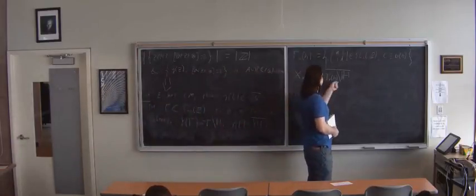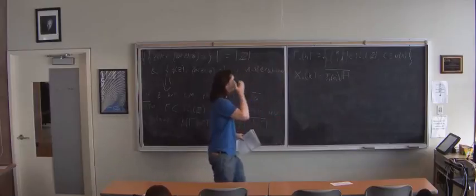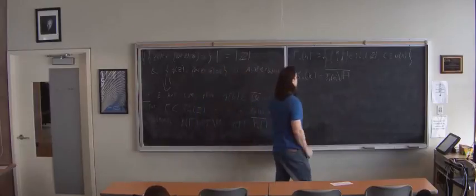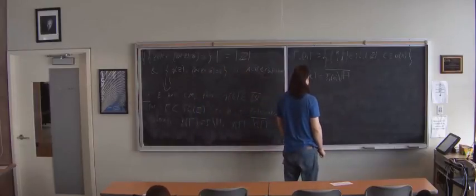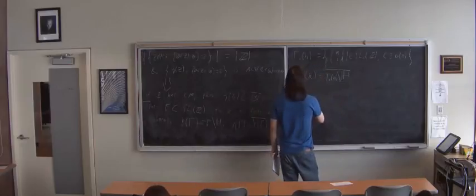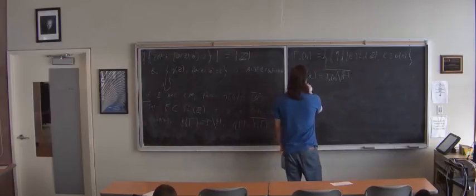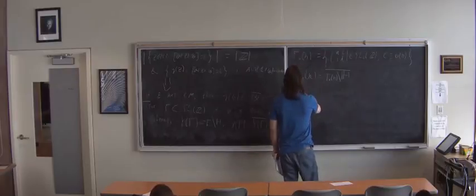This is some finite cover of X naught 1. So this is X naught n and Y naught n without the bar.